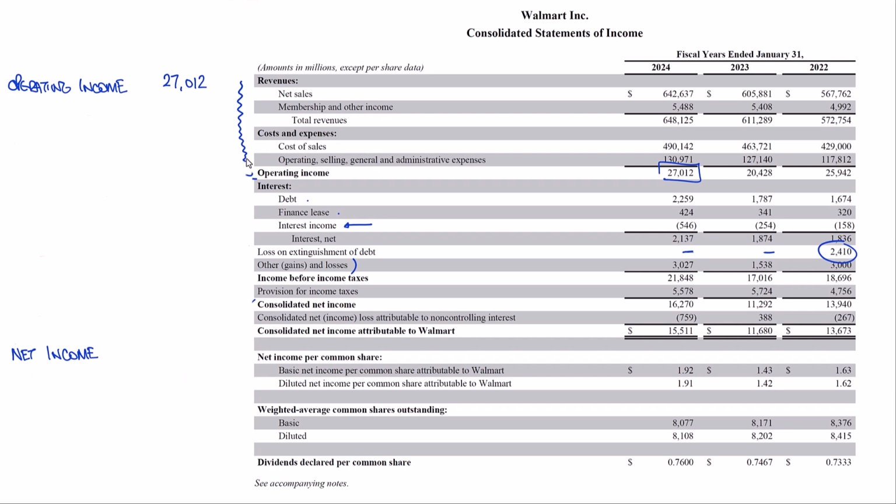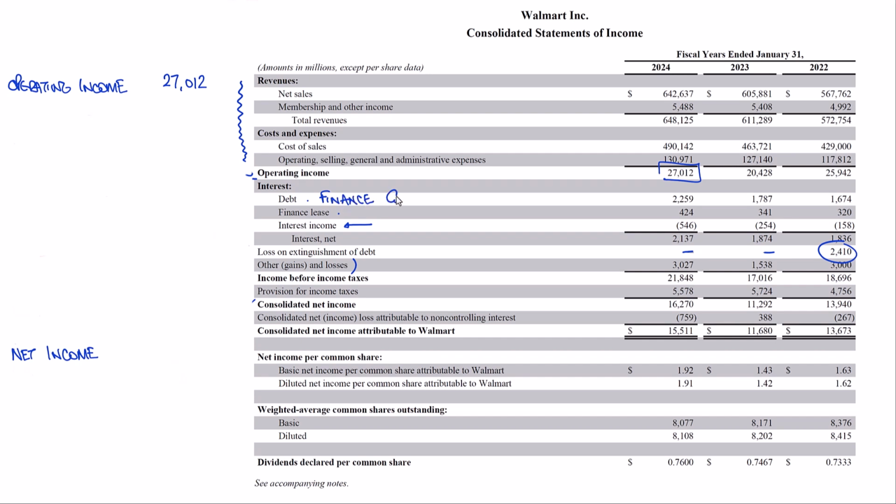Remember, IFRS 18 says to get from operating income to profit before financing and income taxes, which I'm just going to call EBIT here because we're doing a bit of DuPont, we need to deduct investing income and expenses. So let's see what we've got. After the 27012, we have debt interest. Well, that is a finance cost.